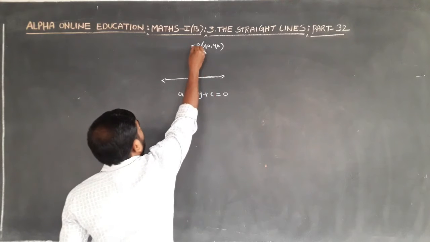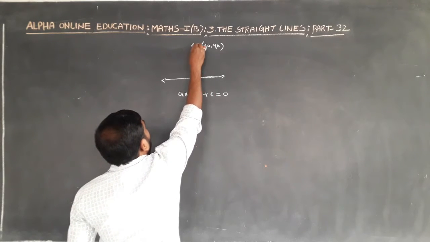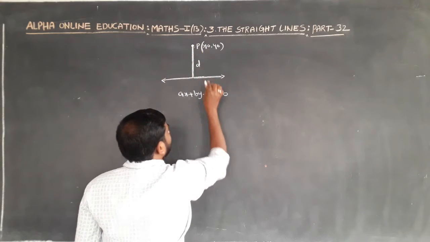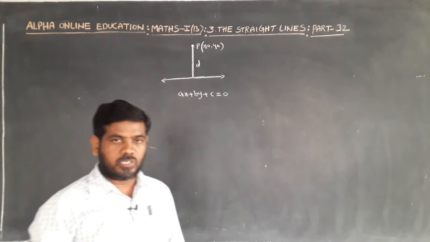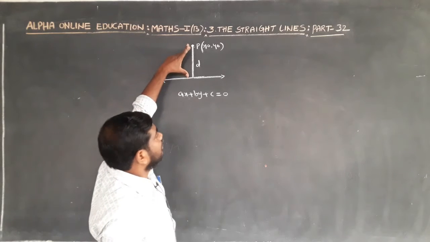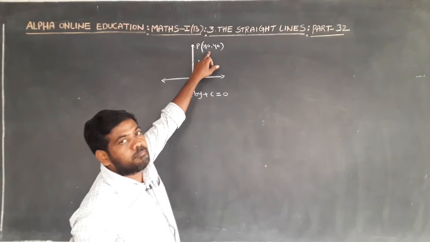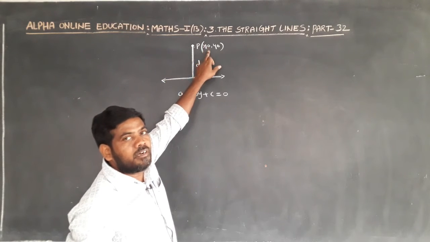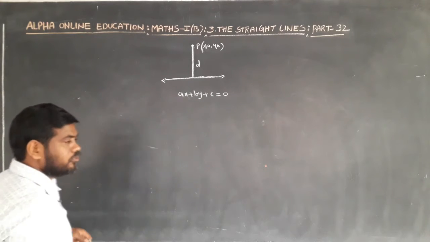This is the perpendicular distance from the point P to the straight line ax plus by plus c equal to 0.